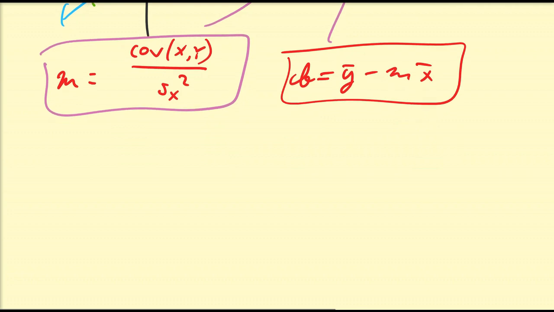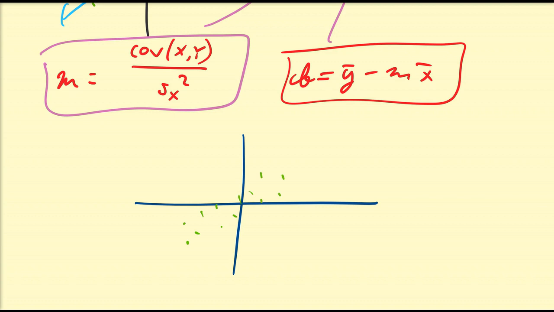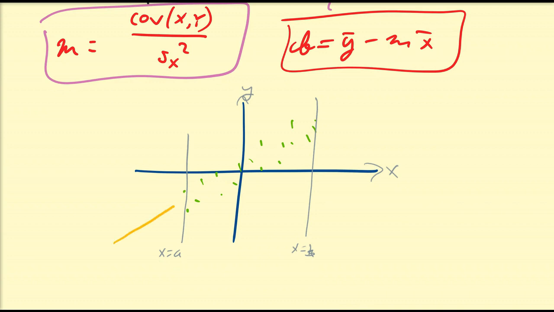So what can this line of best fit be used for? Let's assume we have a data set that appears to be positively correlated. And also let's assume that this set is bounded between two numbers, say x is equal to a and x is equal to b. I'm going to assume this is the x-axis and this is the y-axis. Let's assume we have this line of best fit, which I'm going to highlight in yellow, y is equal to mx plus b.